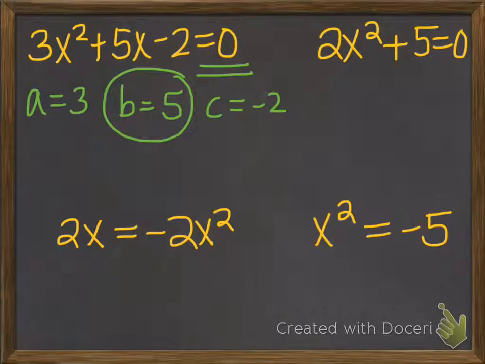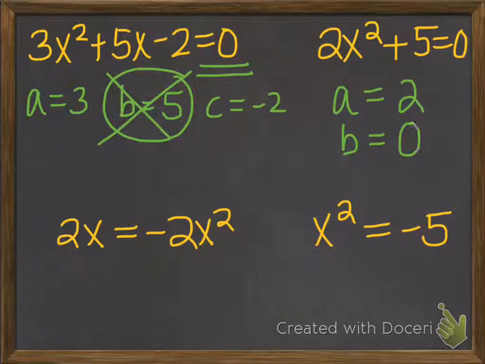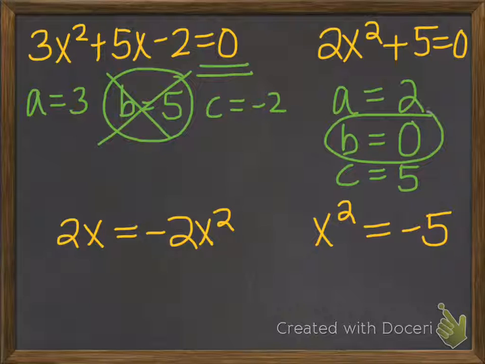So we cannot use square roots on this problem. In this second example, we have a equals 2, b is 0 because you don't see a linear term, and c is 5. And because b is 0, we can use square roots to solve this equation.